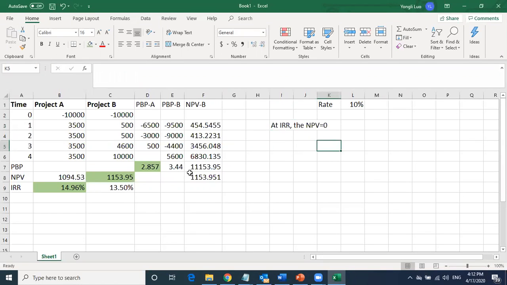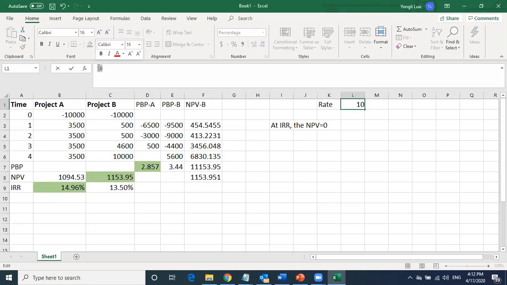For example, with project A, we want to see how the net present value changes if we change the rate to 14.96%.